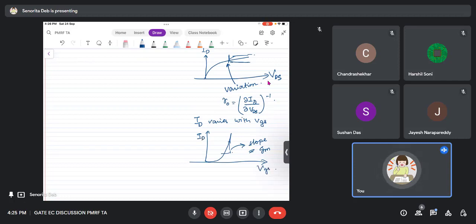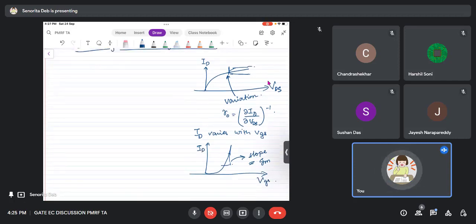Okay, this is ID versus VGS. And then there is another graph where ID versus VDS is there. So basically ID varies with VGS and VDS both, right? So we will represent both of these in a model so that we can model the MOSFET.